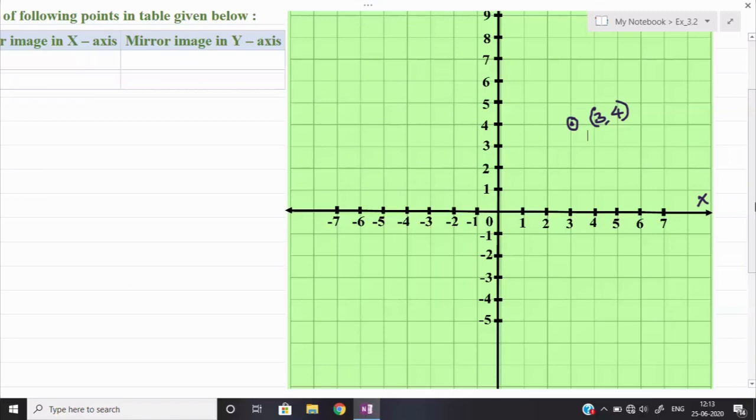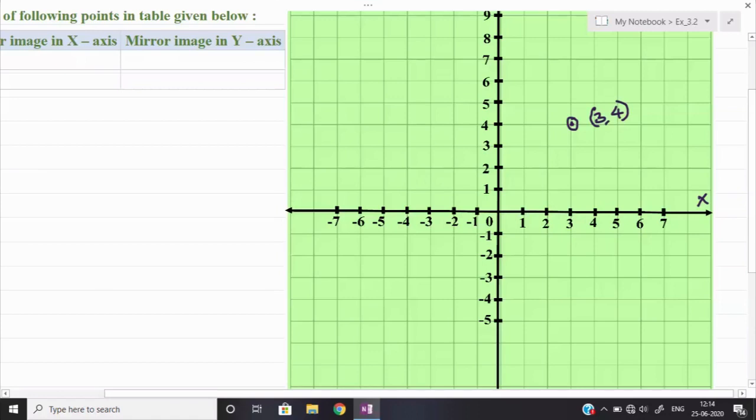So for example, if I go vertically downward, how much do I need to go? The point is given as 3, 4. Then remember, from the x-axis I need to take the horizontal distance 3, and the vertical distance 4. So if I go onto the x-axis and select this point, I have already taken a distance of 3 units horizontally.